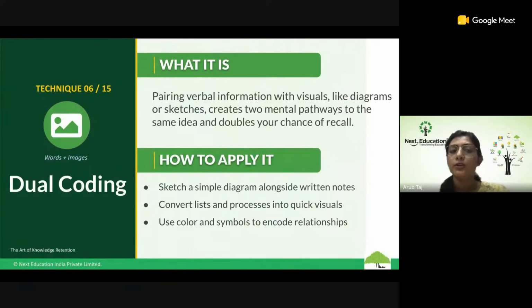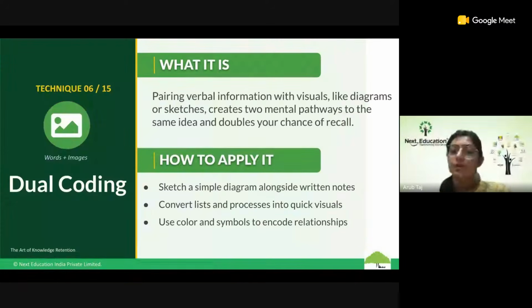So how will you do it innovatively? You can sketch a simple diagram along with your written notes. We also make short notes, and we try to use short clips and diagrams. In that manner dual coding will work. We have been using this technique, and many of the techniques you might have used earlier also.